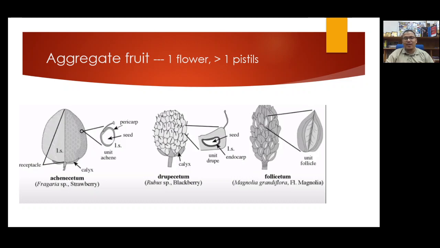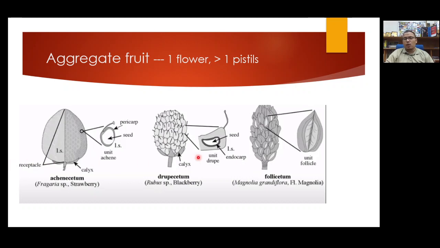Over here on the far side, we see the same idea of an aggregate fruit, but now the unit is a follicle. The unit of the blackberry is a drupe, the strawberry's is an achene, and this one's is a follicle. You have seen this in magnolias.